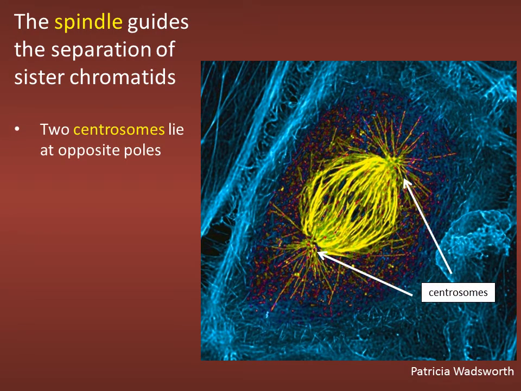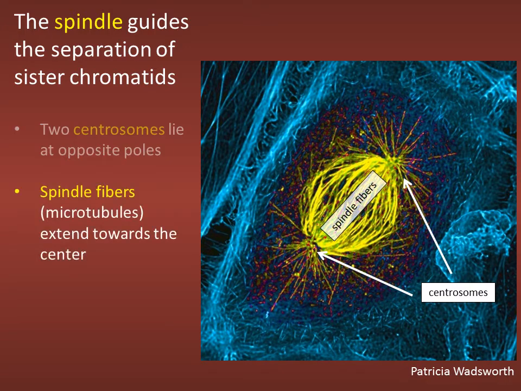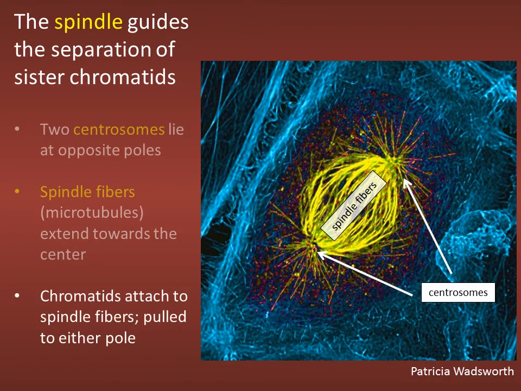The centrosomes are the two opposite poles of the cell that will be the organizing center for the spindle fibers that reach out from the centrosomes across the length of the cell, extending towards the center. These are just microtubules, protein filaments, and the chromatids will attach via their centromeres to those spindle fibers and ride down along them to separate from each other and to head to either pole of the cell.